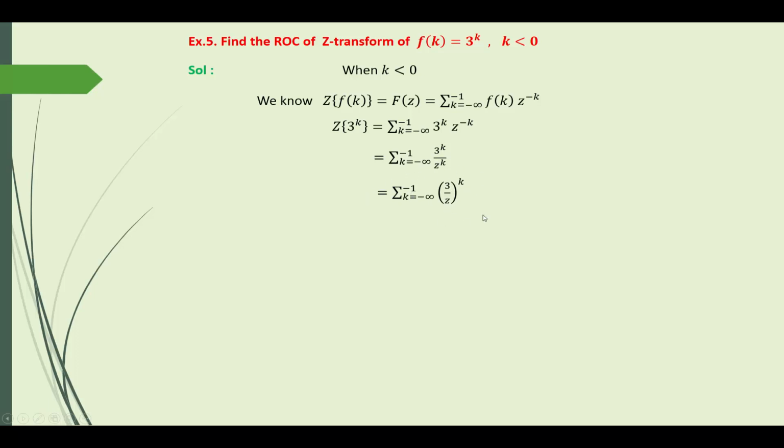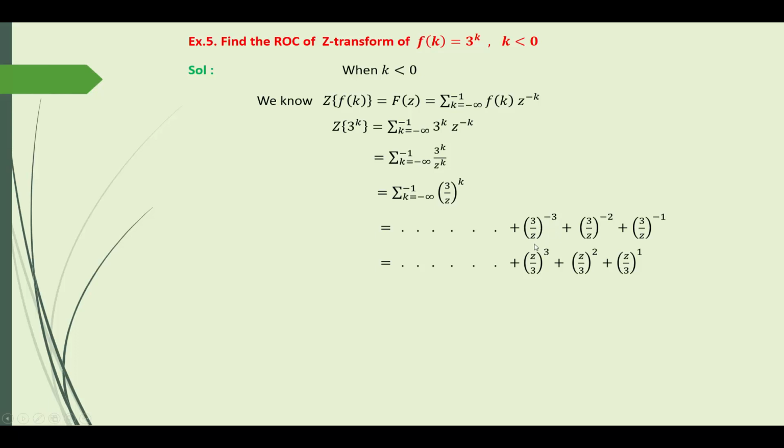Now expand this series, equal to dot dot dot, plus 3 upon z raised to minus 3, putting k is minus 3, plus 3 upon z raised to minus 2, putting k is minus 2, plus, the last value of k is minus 1, so plus 3 upon z raised to minus 1.